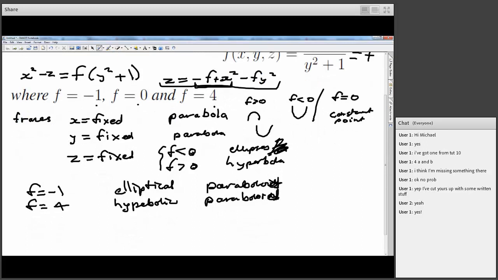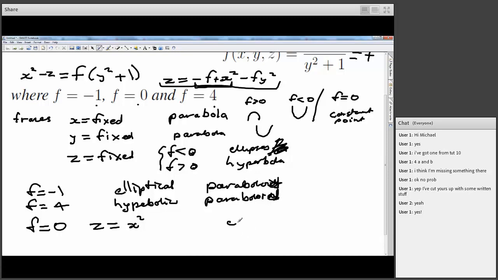The last one we haven't really considered, f equals 0, is the special case. It's worthwhile just writing it out again. Pretty much you're getting z is equal to x squared is what it reduces down to. And you notice there are no y terms there at all.